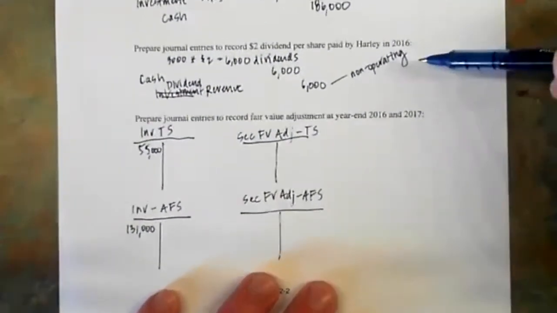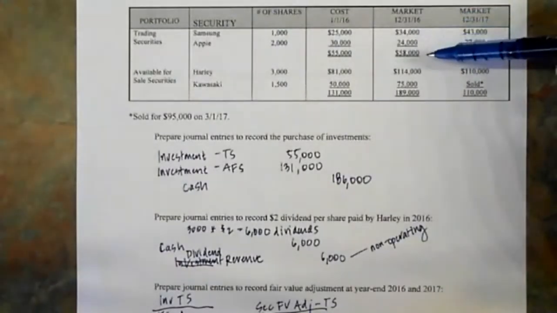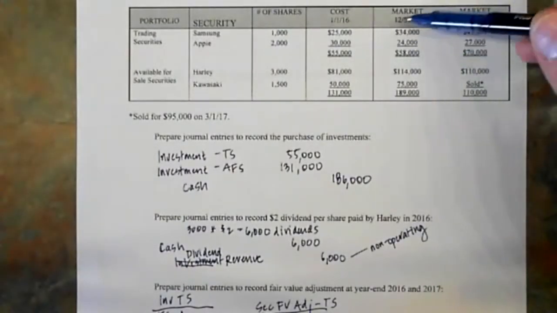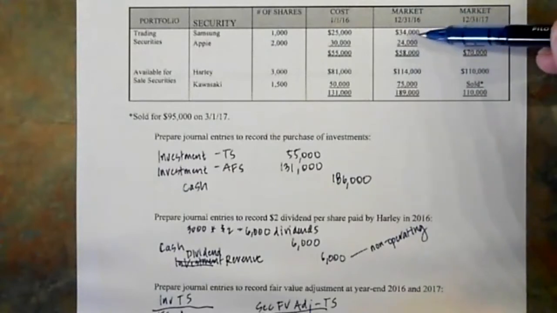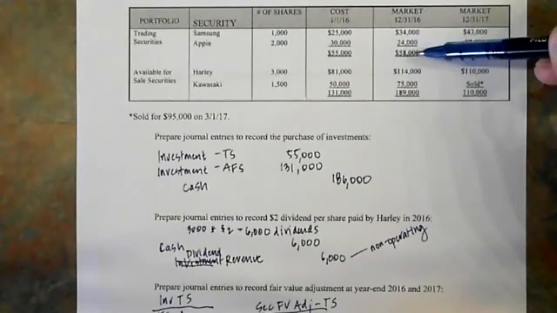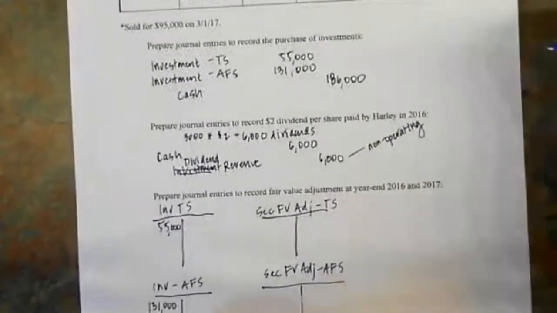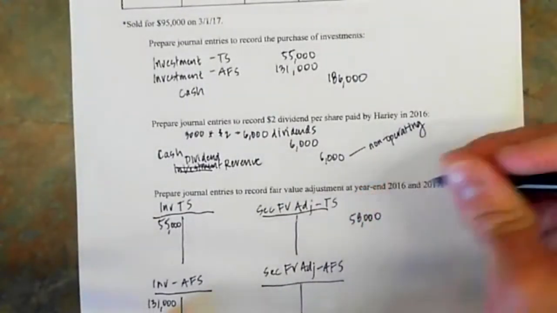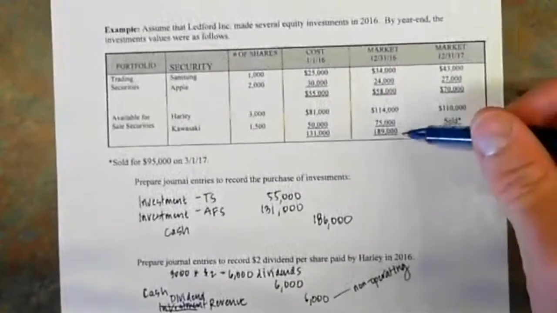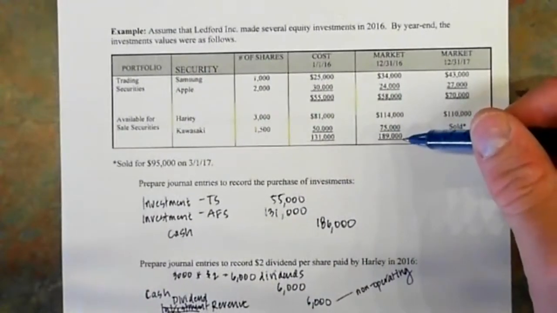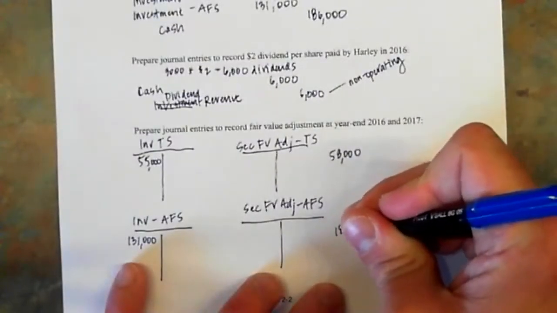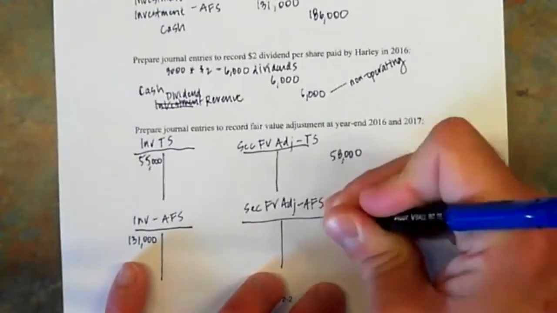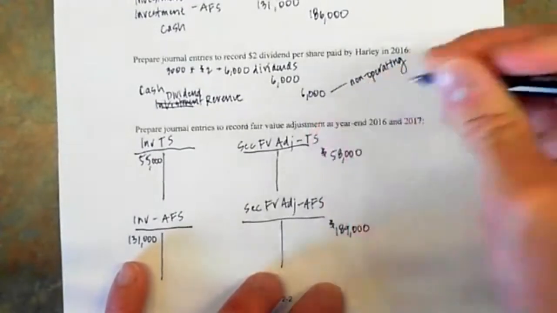So what we're looking at is, for the end of the first year at 12/31/16, I can do a total adjustment. I don't have to do it on Samsung and then Apple. I can just do 55 to 58. So I want a $58,000 balance for those. For my available for sale, I want a $189,000 balance on my balance sheet because I want these both to be represented at their market value on the balance sheet.